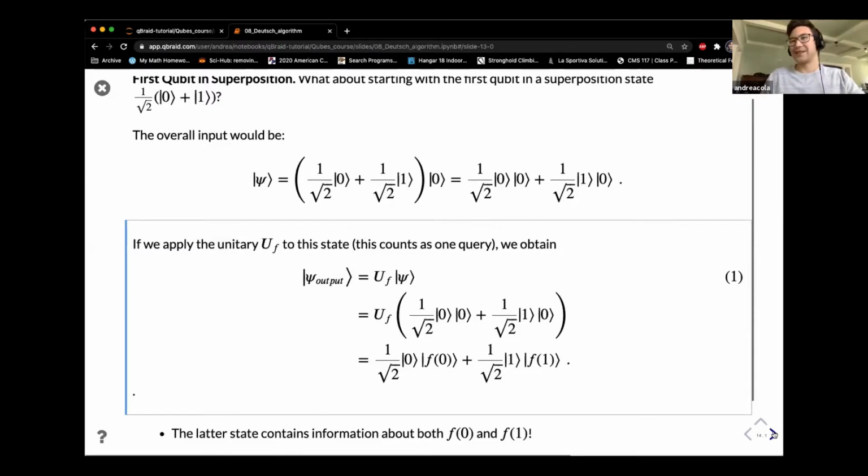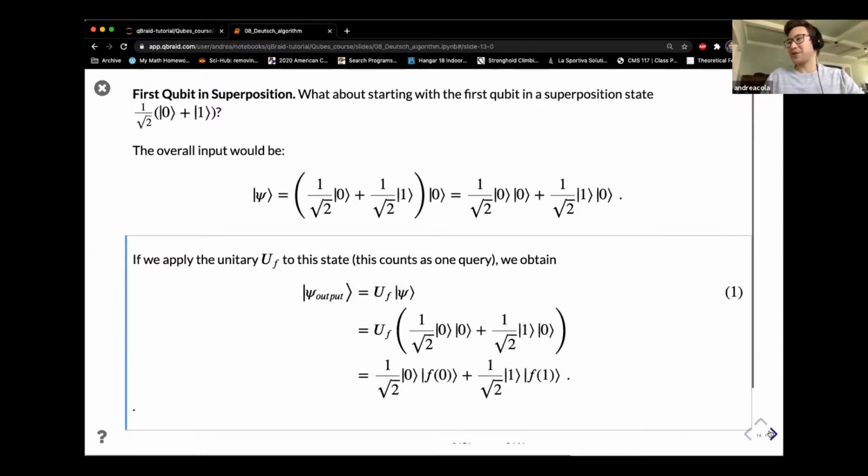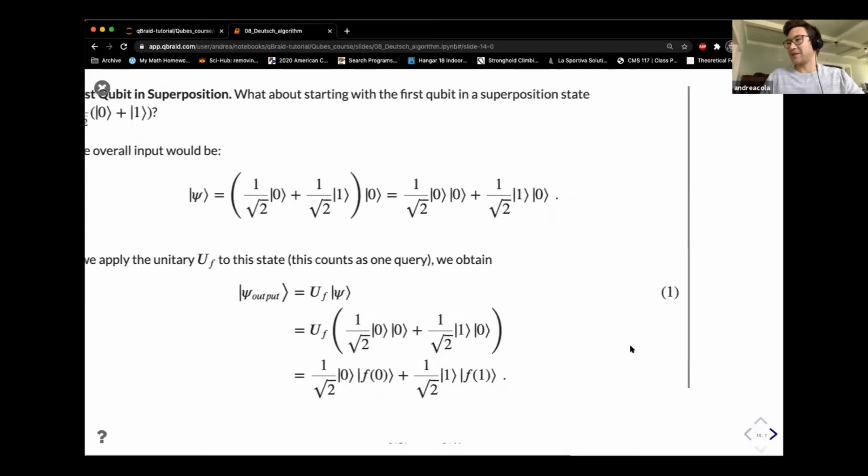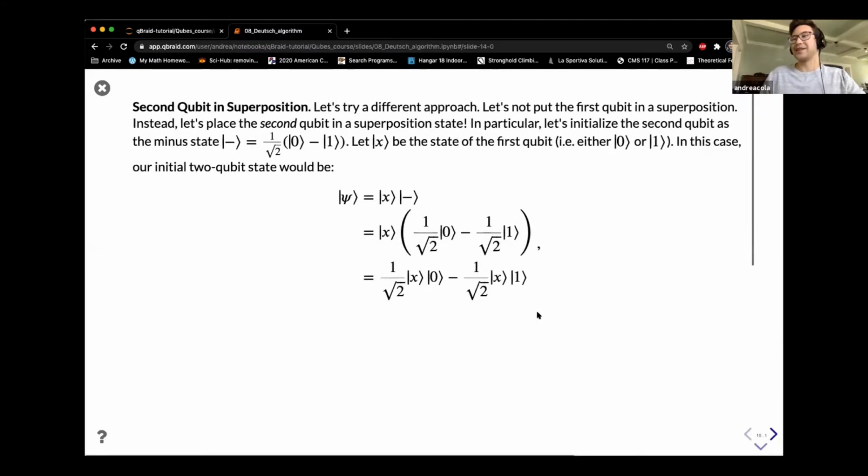Okay. So the second approach was let's leave the first qubit not in superposition, so just x, either 0 or 1. Let's put the second qubit in superposition. In particular, we tried to put the second qubit in the minus state.